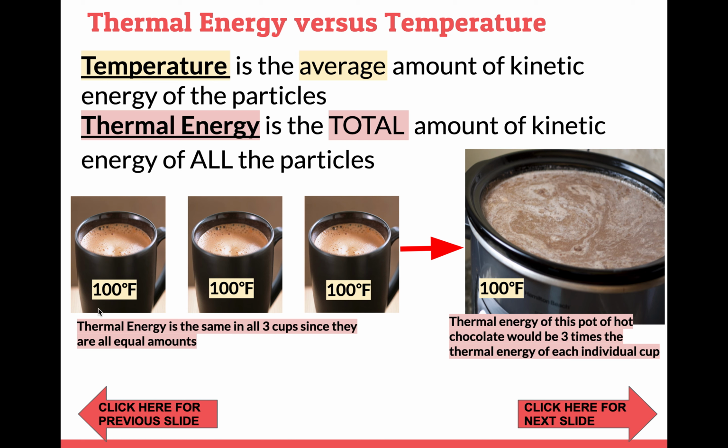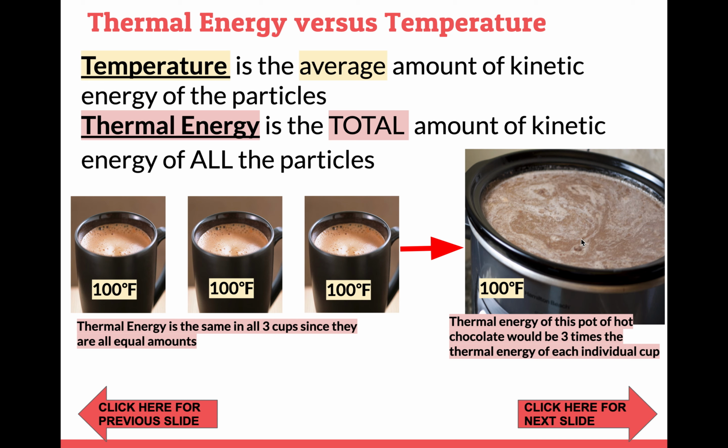Like we've said before, these are 3 smaller cups of hot chocolate. The thermal energy is the same in all 3 cups since they're equal amounts. There's the same number of particles in each cup and they're all the same temperature, 100 degrees. That means they all have the same thermal energy. However, when you combine these 3 cups of hot chocolate into this large pot, remember the temperature stays the same because temperature gives you the average.